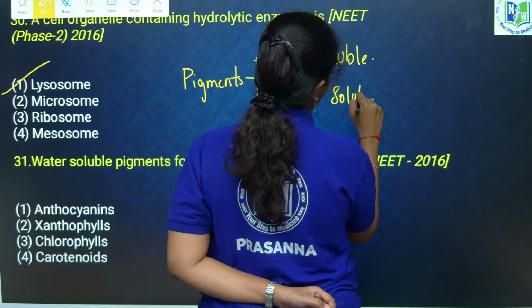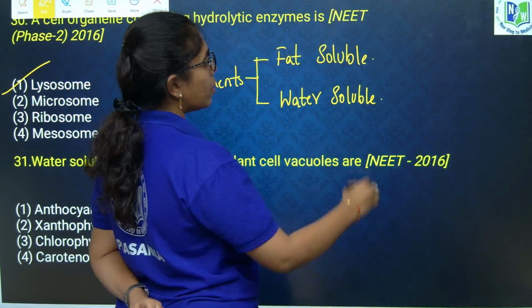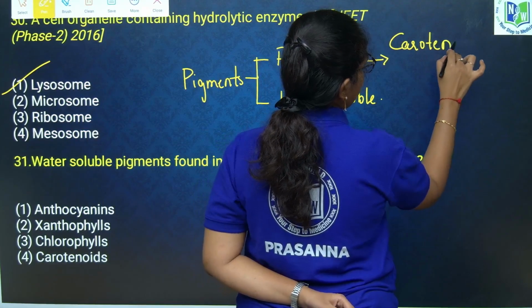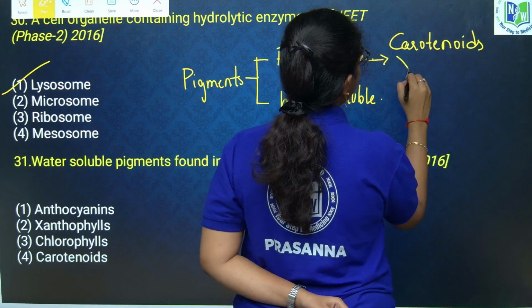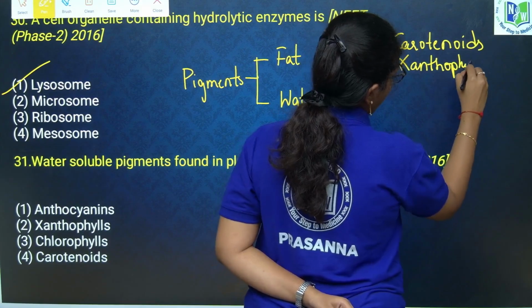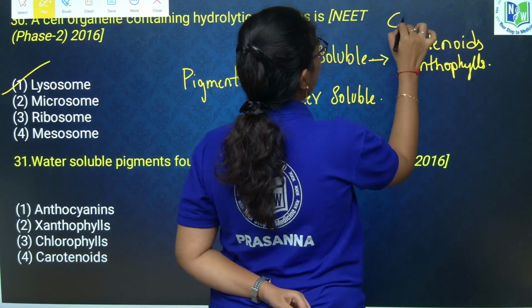Fat soluble pigments are carotenoids, xanthophylls, and chlorophyll.